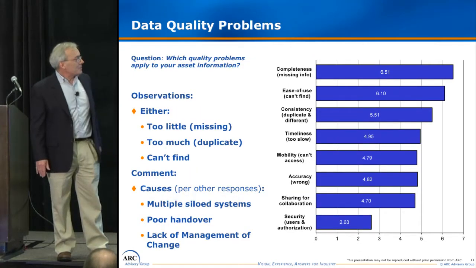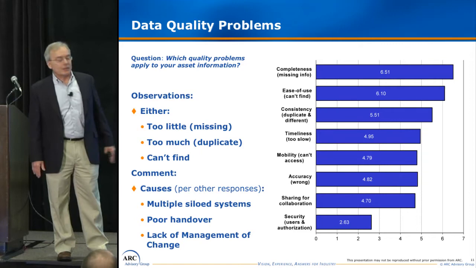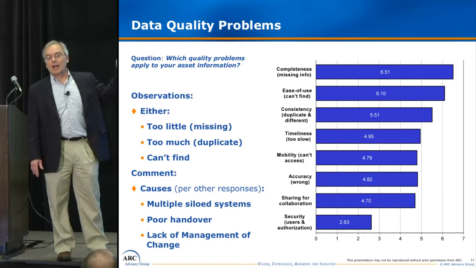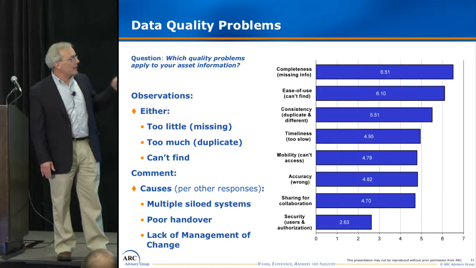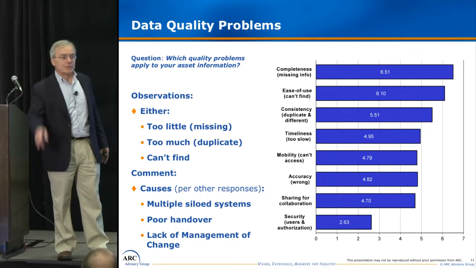So this particular slide was one around what kind of problems they had. And the point of the slide here is that quality problems are just pervasive around asset information. So there is a major problem about managing the information throughout the life cycle so you have accuracy.